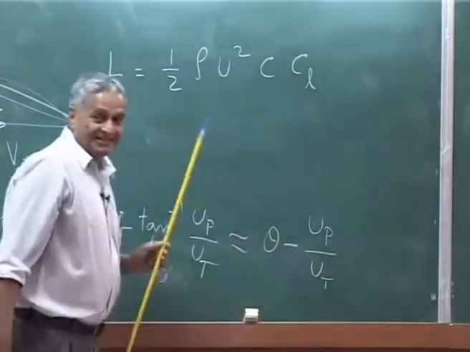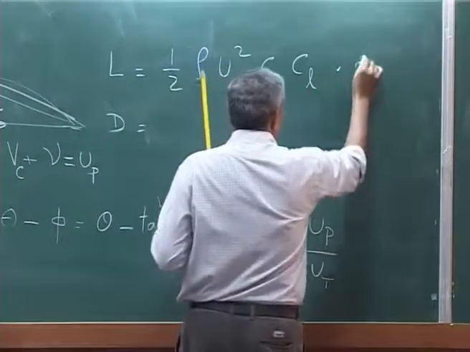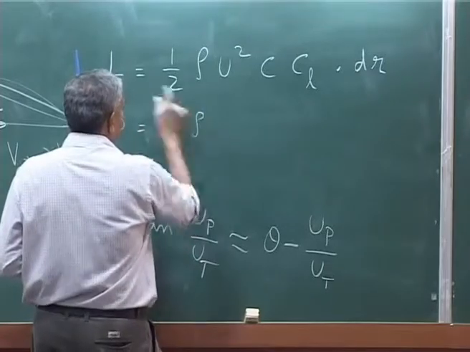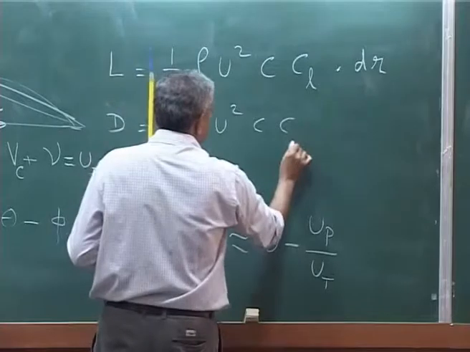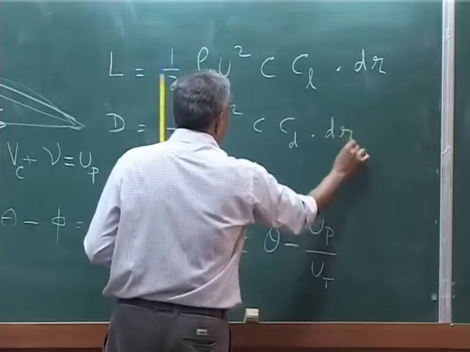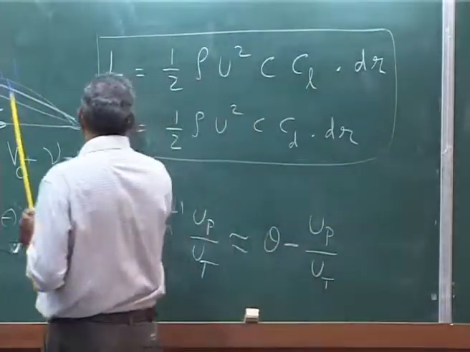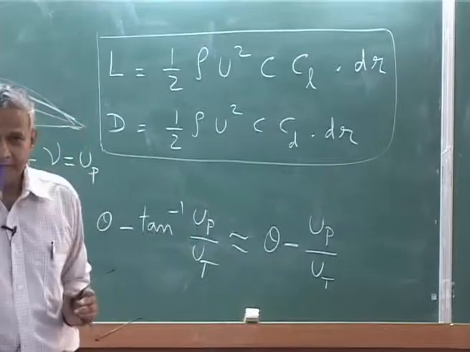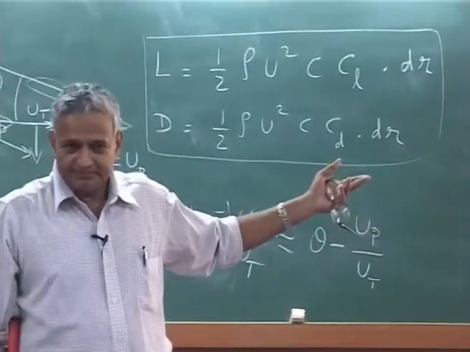This is lift, and the drag will be, if you want to put, you can put a dr, okay, half, this is per unit span, this is the lift at CD, okay. This is my, at any small element. Now, if I want to get the total lift, I need to go and integrate, that is all.